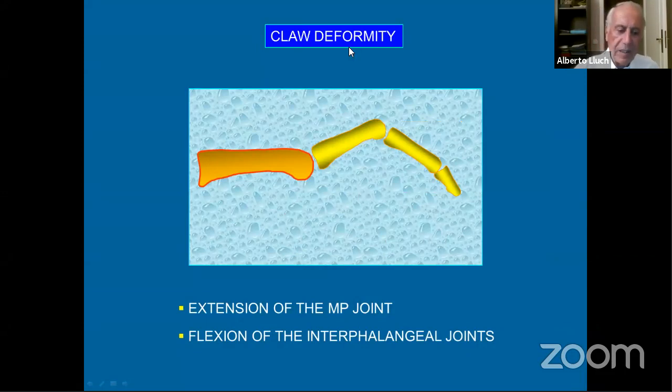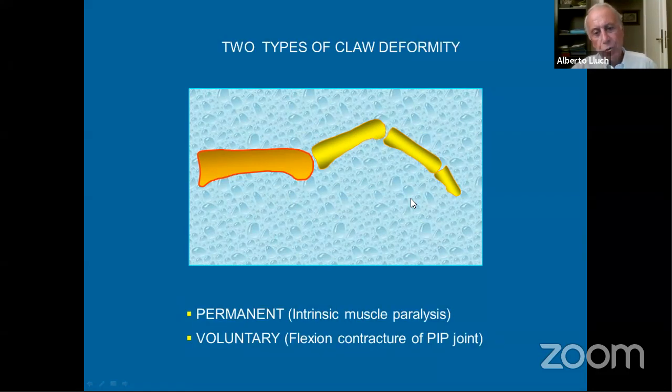The claw deformity is defined as an extension of the MP joint and flexion of the interphalangeal joint. This is a claw deformity. And there are two types of claw deformities. A permanent one, which is from intrinsic muscle paralysis, from a median and ulnar nerve lesion, in which the patient will always have a claw deformity.